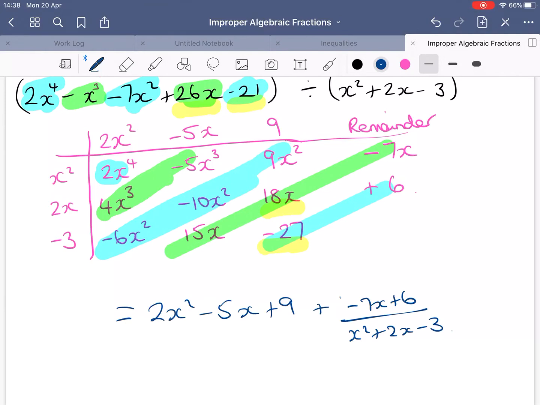Now, sometimes people don't like writing that minus 7x plus 6. You might write 6 minus 7x, okay? But it's just writing it a different way round. Doesn't matter. So, if we have a remainder, that remainder still needs to be divided by whatever was in the denominator.